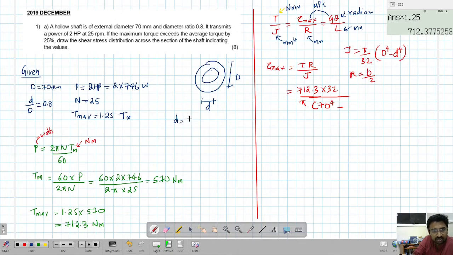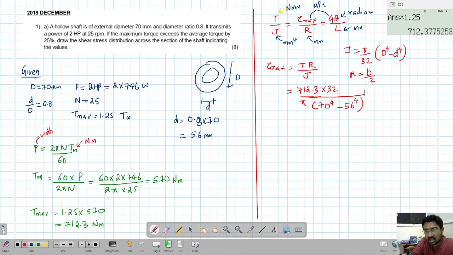Small d is 0.8 into 70, which is 56 mm, so 56 raised to 4. So J is done.